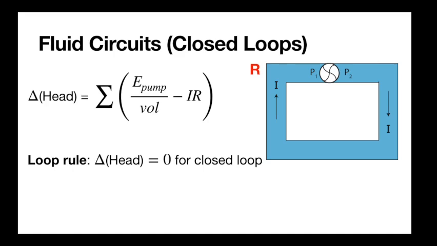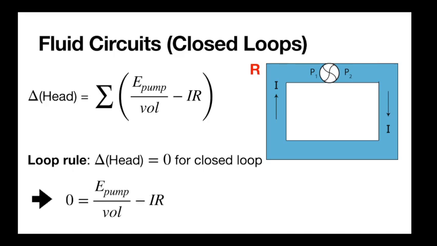And the key here is that our delta head, so that change in delta P plus delta PE plus delta KE, because we went in the whole loop, is 0. So that would be like starting at the point where it says P1. If I go around back to P1, my change has to be 0.